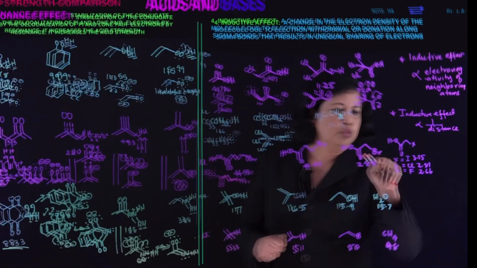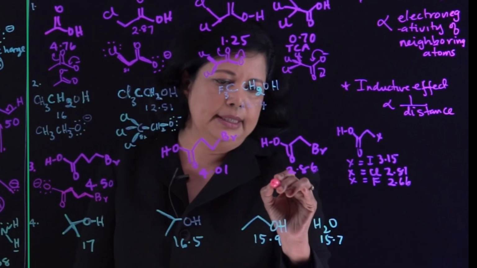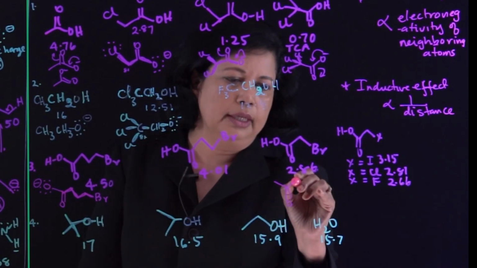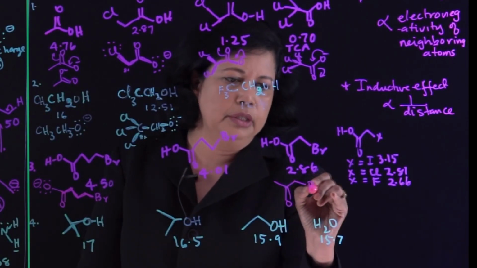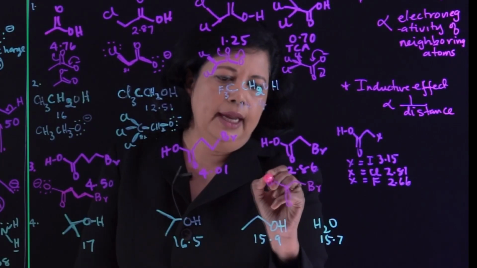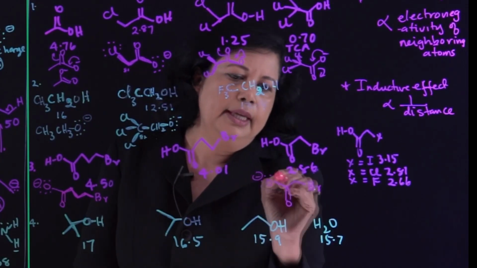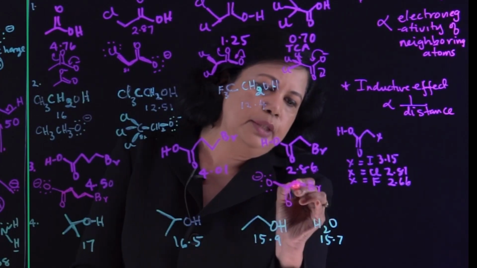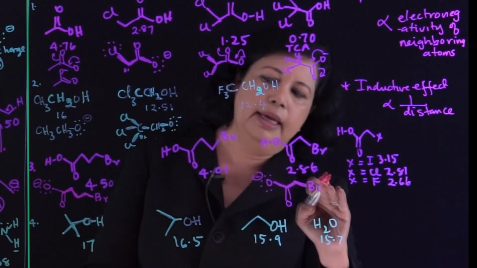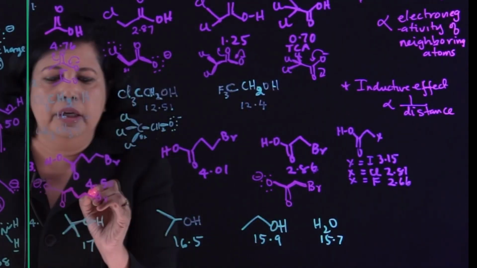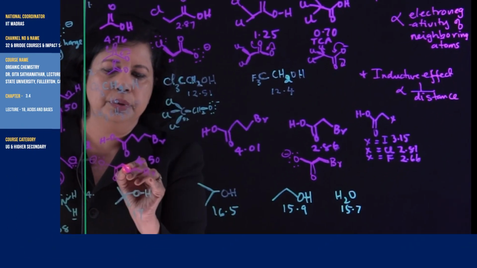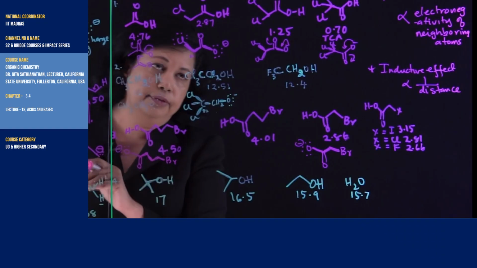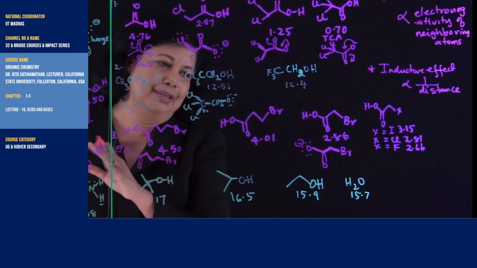So here it's right there. Proximity matters. Distance matters when you're talking about inductive effect. So here's a bromine, and you have an anion right here. It only has to pull through 3 of these bonds to stabilize it. Whereas over here, it's got to pull through 1, 2, 3, 4, 5. So it kind of falls off with distance.